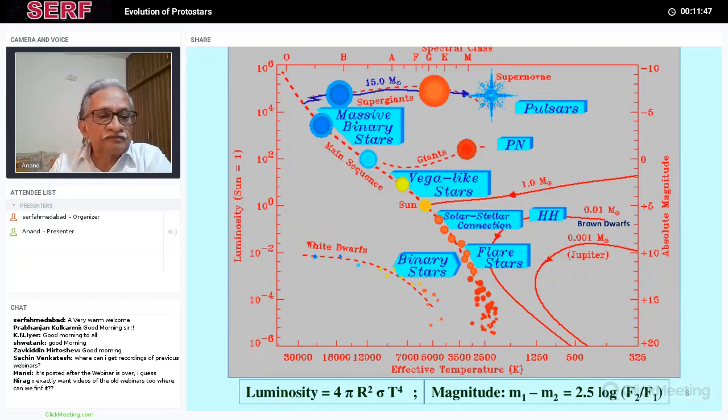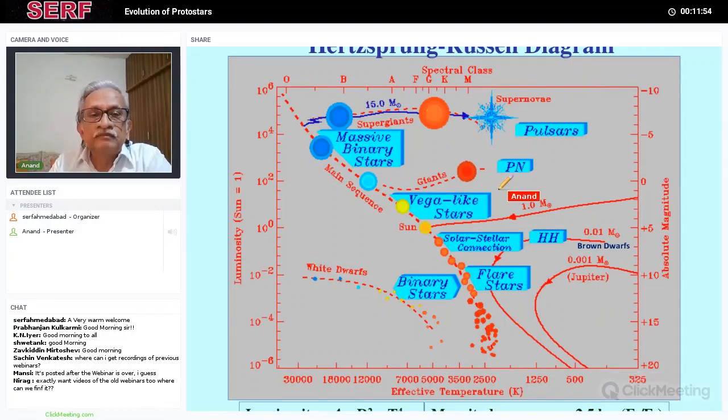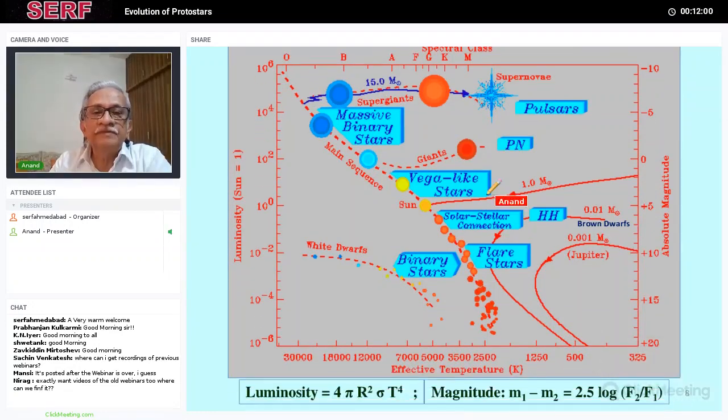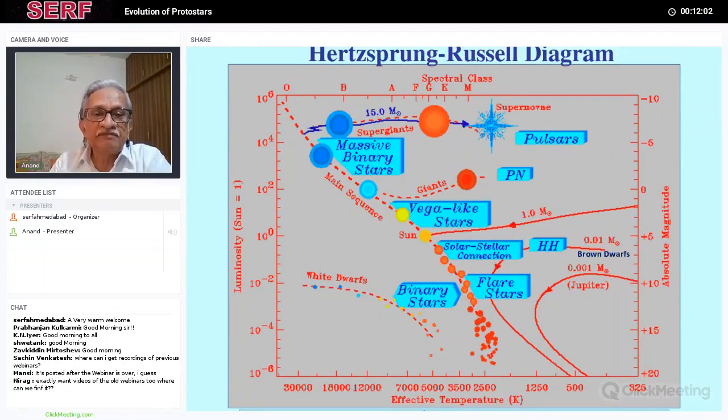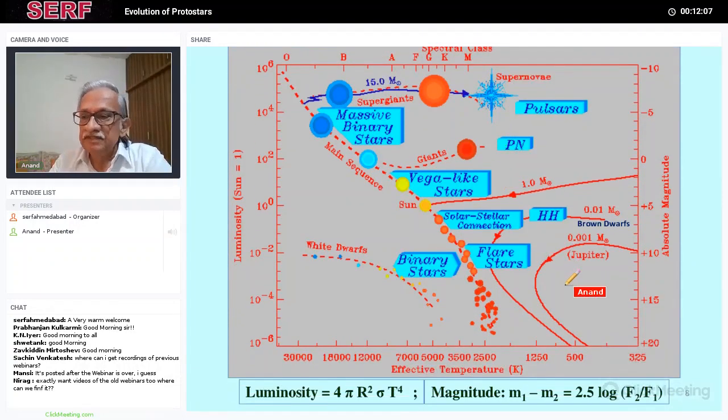Now this is called the Hertzsprung-Russell diagram, named after the two astronomers, astrophysicists, who first put this diagram together, Hertzsprung and Russell. In this diagram, the effective temperature of the star is plotted, which is decreasing from the left to the right. So 30,000 degrees Kelvin to 3,000 degrees Kelvin and so on.